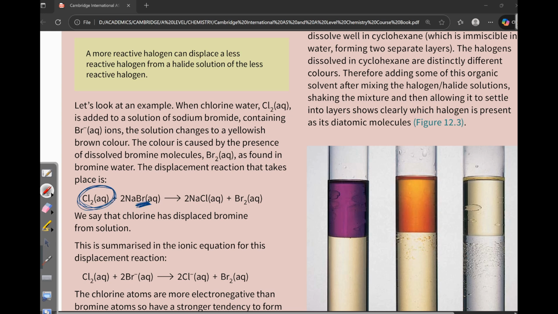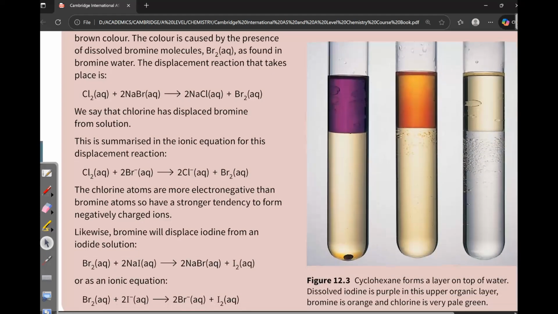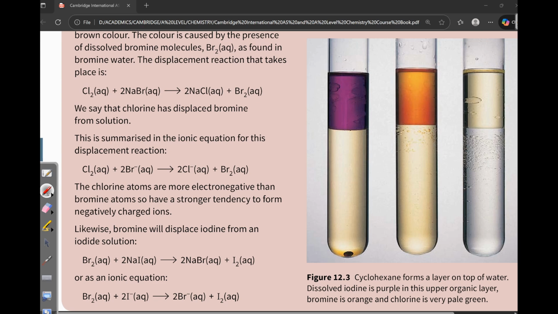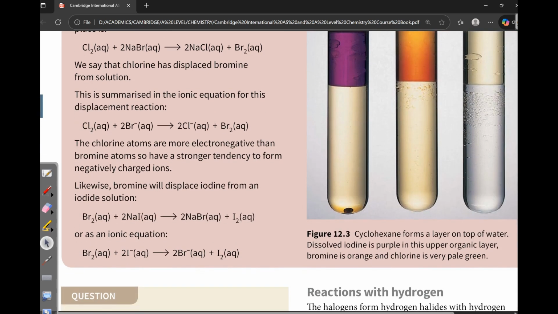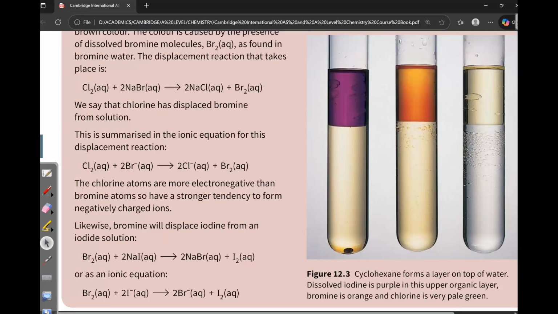The bromide ions will be oxidized to bromine here. You see? Just like bromine can oxidize the iodide ions to iodine. But we are having molecules here. We don't have the HCl that we had. You see that?